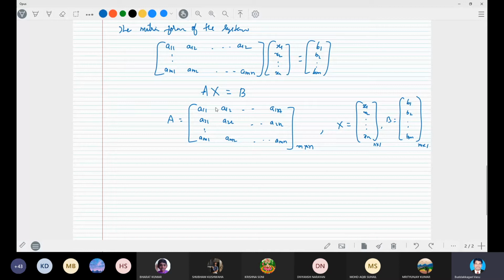We know the traditional methodology: X is equal to matrix inversion, A inverse into B, right? By matrix inversion or Cramer rule method, we can find the solution of the matrix X as A inverse into B, right?